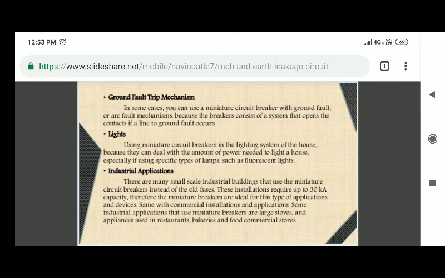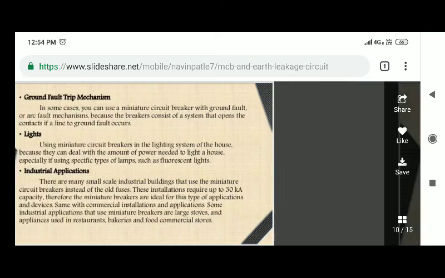Therefore, miniature breakers are ideal for this type of application and devices. The same goes for commercial installations and applications. Some industrial applications that use miniature breakers are large stoves and appliances used in restaurants, bakeries and food commercial stores.